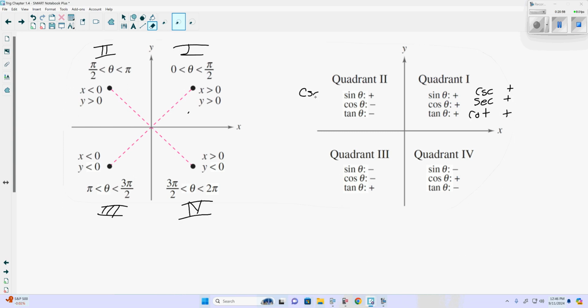So here, cosecant's going to be positive, but secant's negative and cotangent is negative. Quadrant 4, cosecant's negative, secant's negative, but cotangent is positive, because they kind of are assigned to which ones they have. So that's when cosecant's negative, secant's positive, and cotangent is negative. Because if one's positive, its reciprocal is also going to be positive.